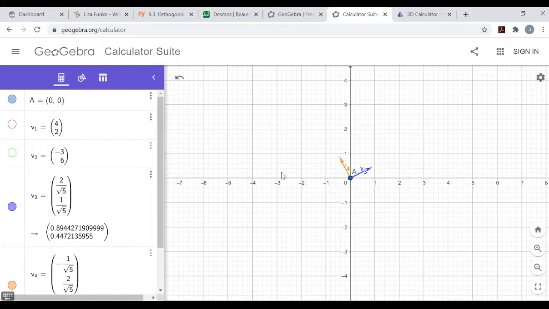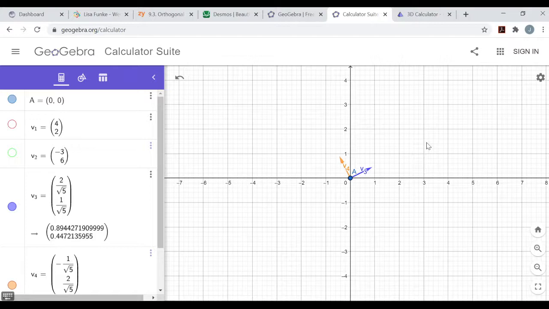Because it's just like (1, 0) and (0, 1), but tilted a bit, rotated by a small angle. So this is an orthonormal basis. And the reason we would like an orthonormal basis for a particular inner product space is because expressing vectors as linear combinations of orthonormal vectors is actually quite simple.